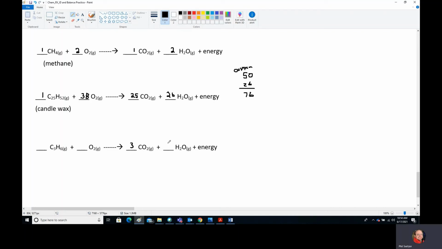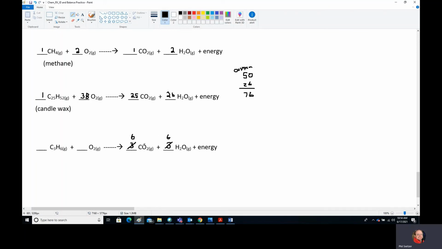So if I put a 3 there, okay. 3 times 2, that's going to be 6 oxygens. 9. Oh, yeah, I can't do that, right? That doesn't work. So be okay with doing that. Kind of just cross it out or just erase it. So let's double it. 6 and 6.